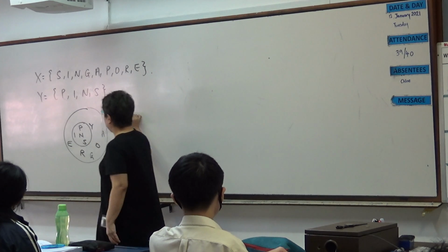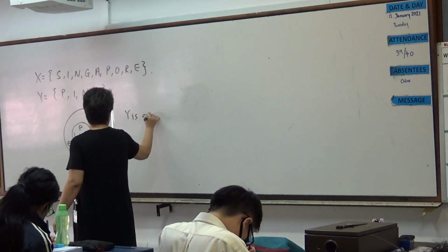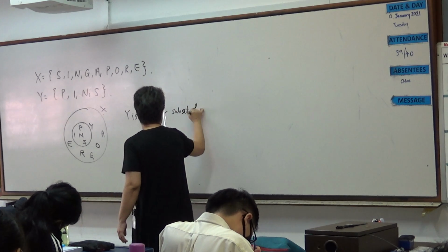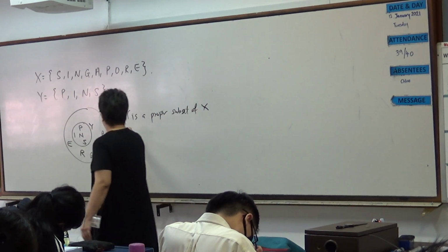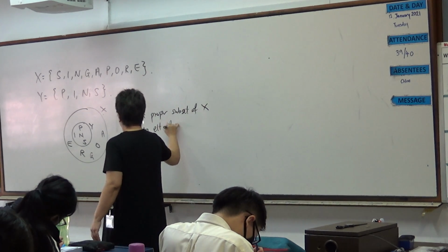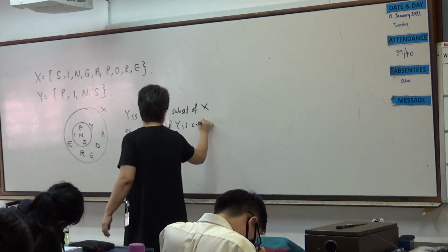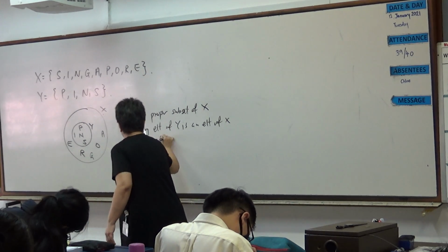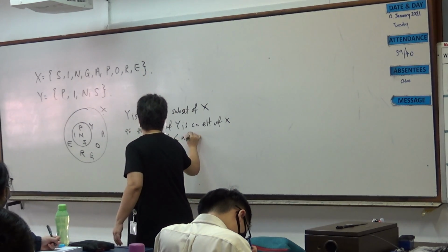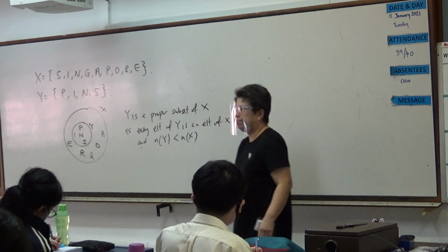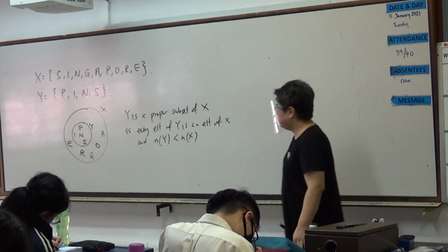This one I want you to write down. Y is a proper subset of X as every element of Y is an element of X, and the number of elements of Y is less than the number of elements in X. This is how you explain that it's a subset. Can you write this down?